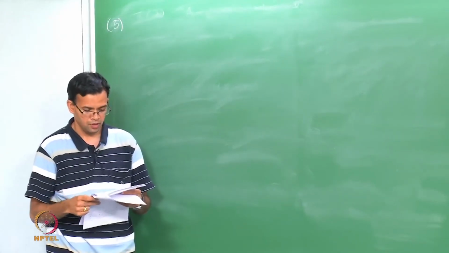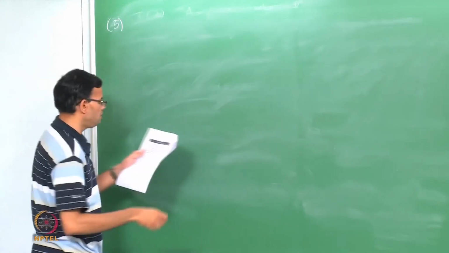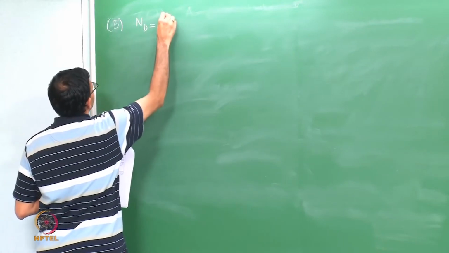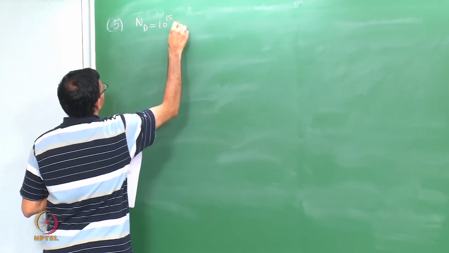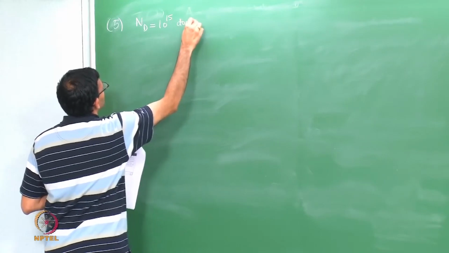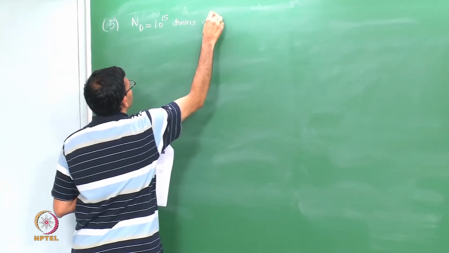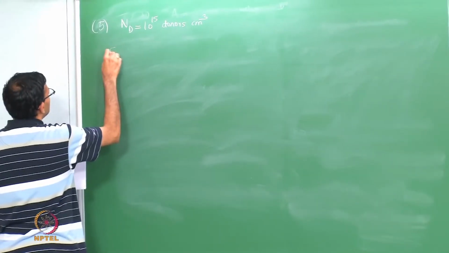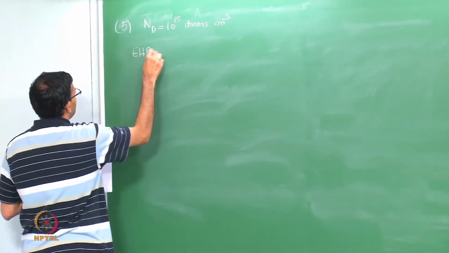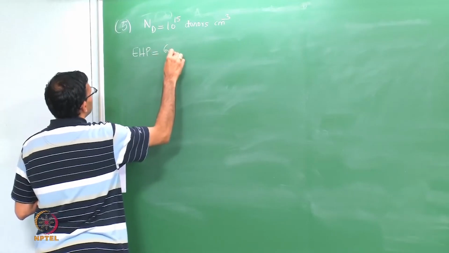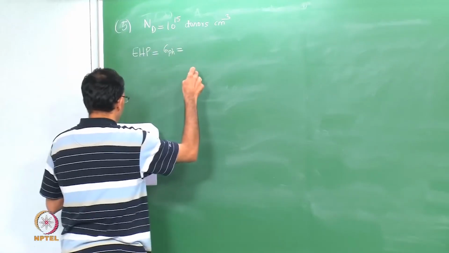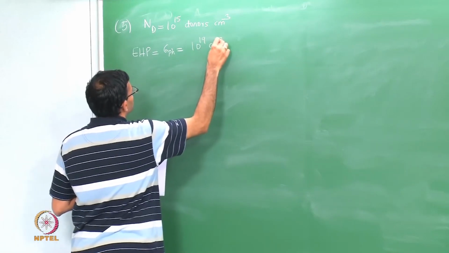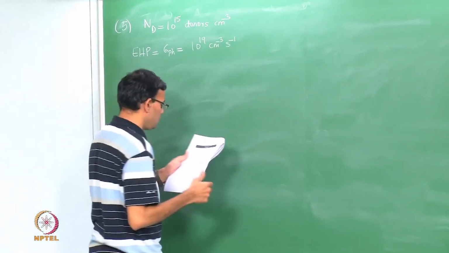Problem 5, you have a silicon sample with 10 to the 15 donors. So, ND is 10 to the 15 donors per centimeter cube, is illuminated with light to create 10 to the 19 electron hole pairs per centimeter cube per second.